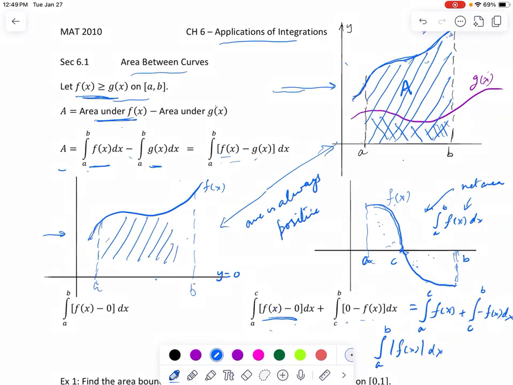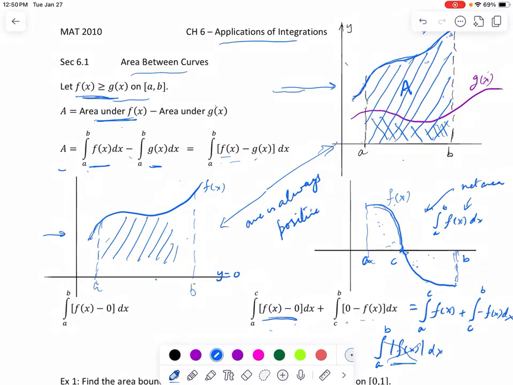So if you split the function f of x and write it as a piecewise function, you can use this, or you can check where the intersection is, and then use this information that to always get a positive area, we always subtract the lower function from the upper function. And so you don't have to worry about this absolute value sign.